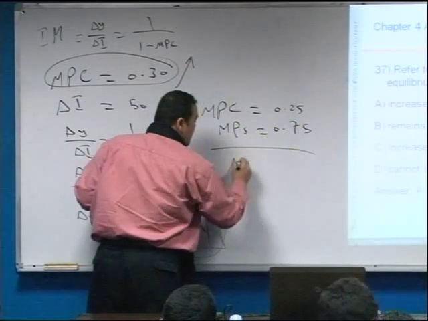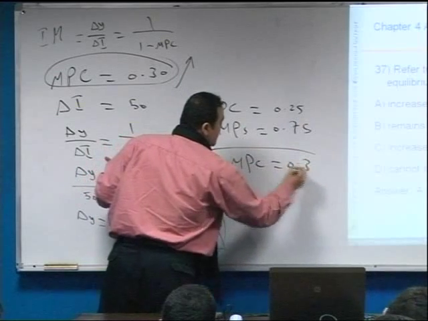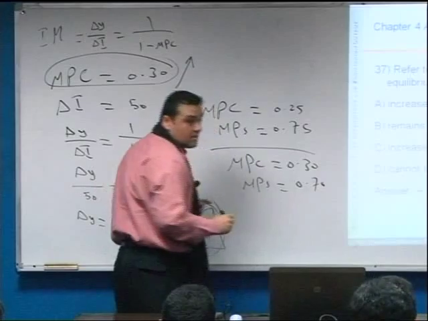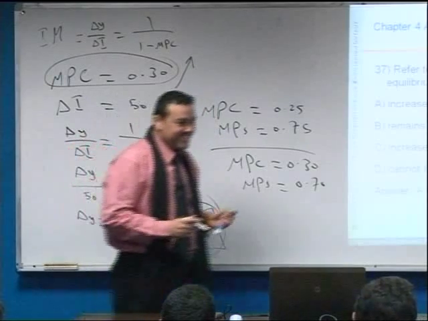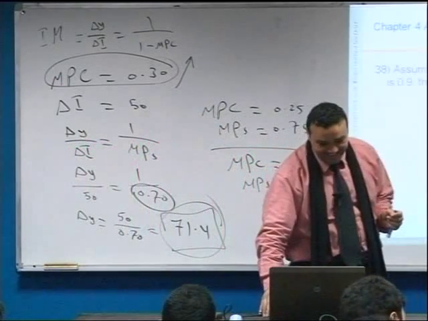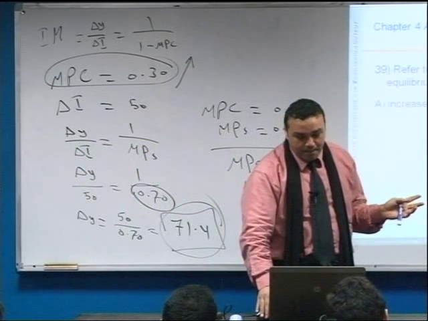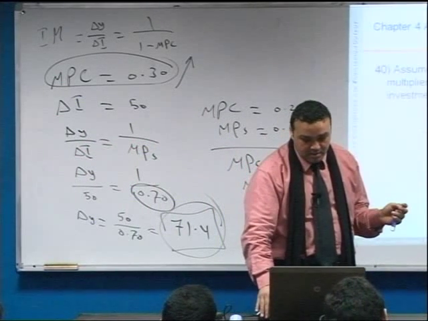Now, when MPC equals 0.30, MPS equals 0.70. That's it. Okay? MPC, aggregate equilibrium.